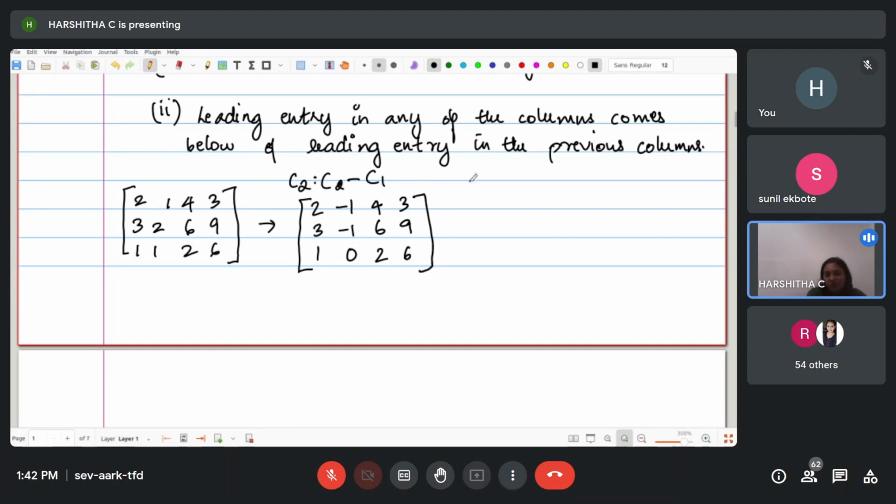Next step, I'll do two operations together. C3 minus 2 times C1. What I'm trying to do is get these entries to 0.